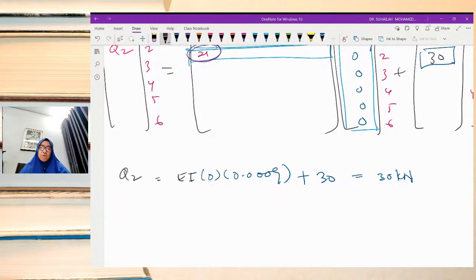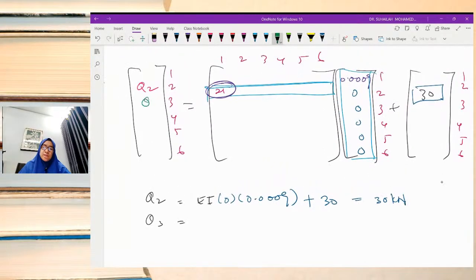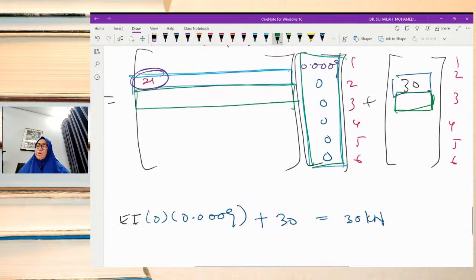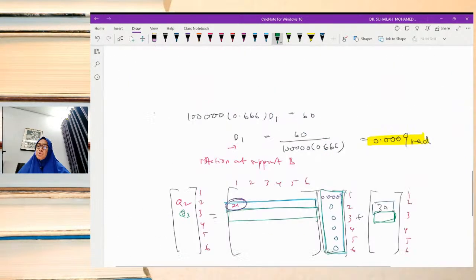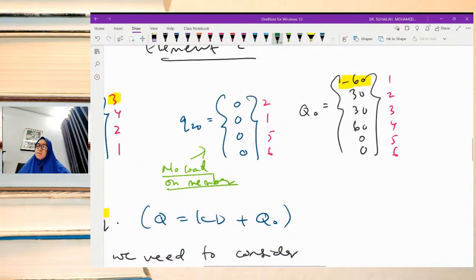Let's calculate Q3. Q3 means line number 3 times this displacement, plus Q naught at position 3, which is 30.